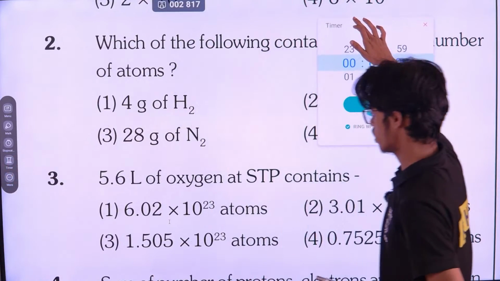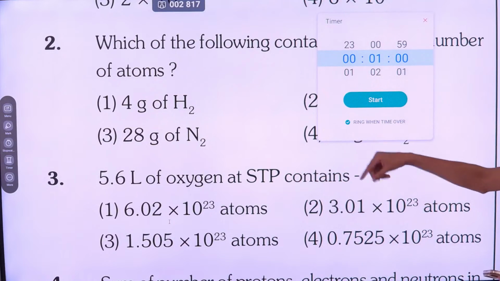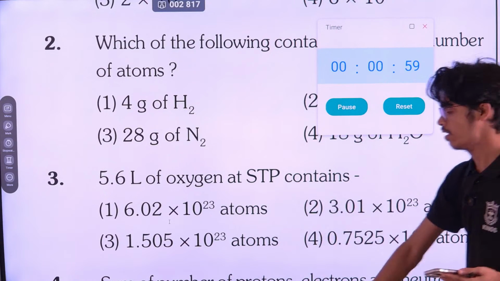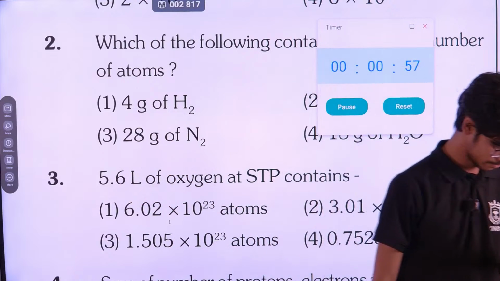Okay. So next question is 5.6 liter of oxygen at STP contains how much? See, this is at STP 5.6 liter. Try to find out.